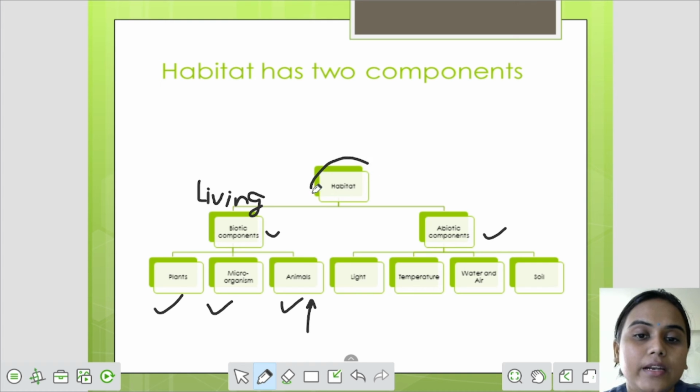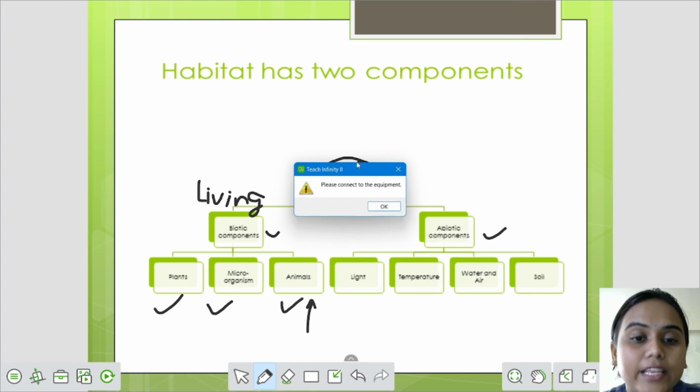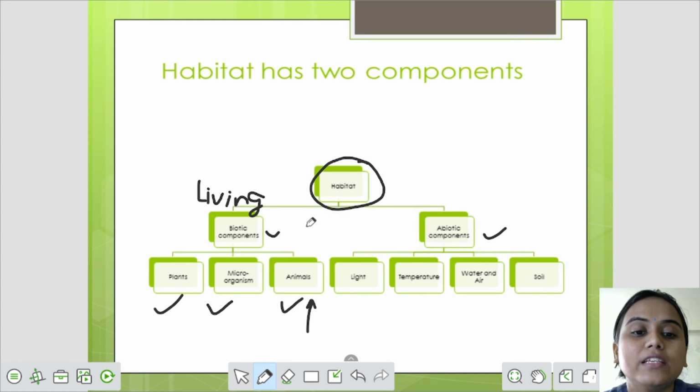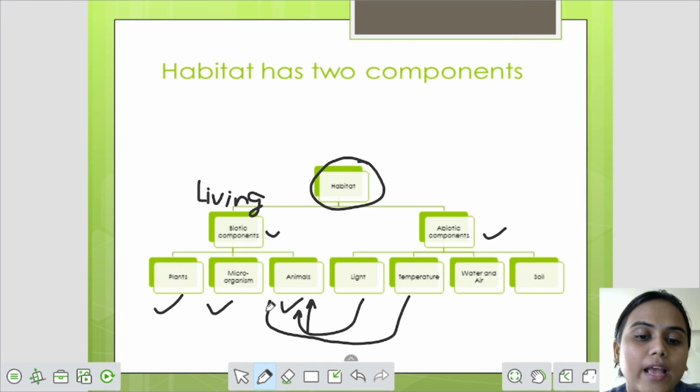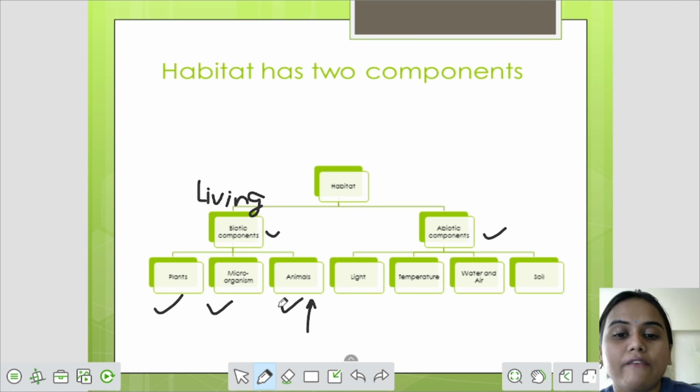This habitat is a natural habitat, and nature is made up of these two types of components: biotic and abiotic. In biotic, we have plants, microorganisms and animals. Abiotic components are very essential for biotic organisms to survive. Suppose we did not have light.